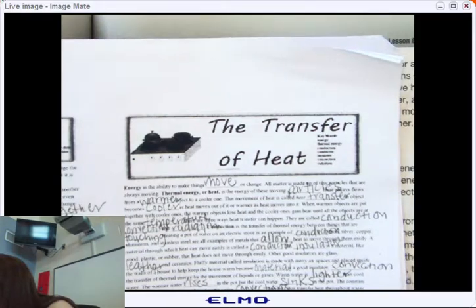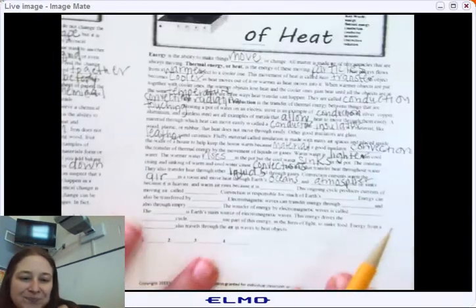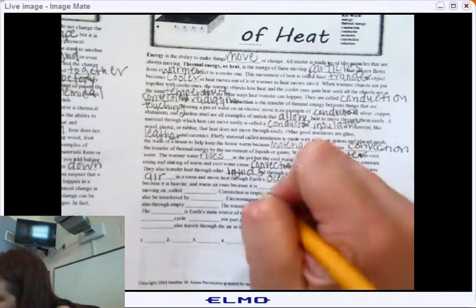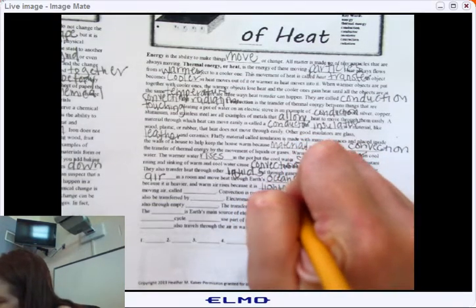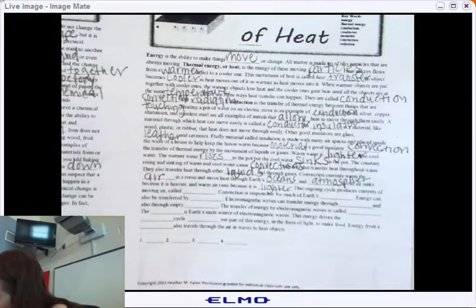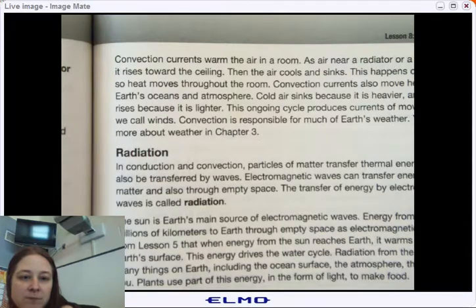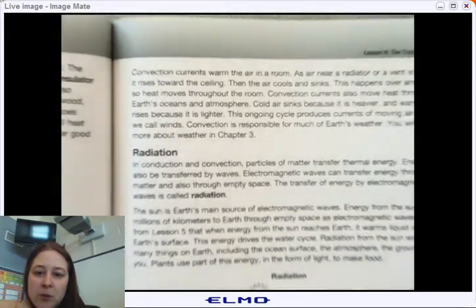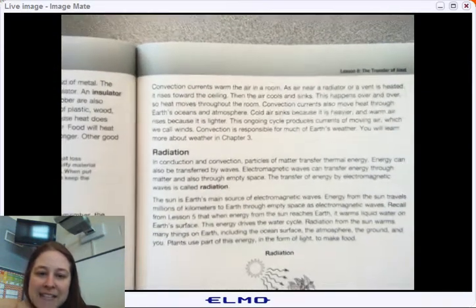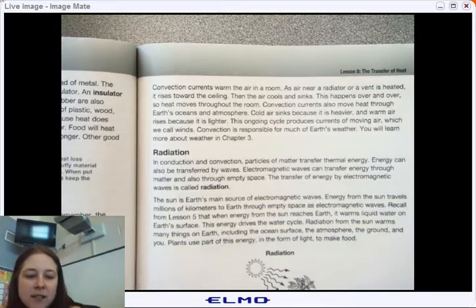Cold air sinks because it is heavier, and warm air rises because it is lighter. This ongoing cycle produces currents of moving air called, what is it called? It's the second to last line. It's called winds.